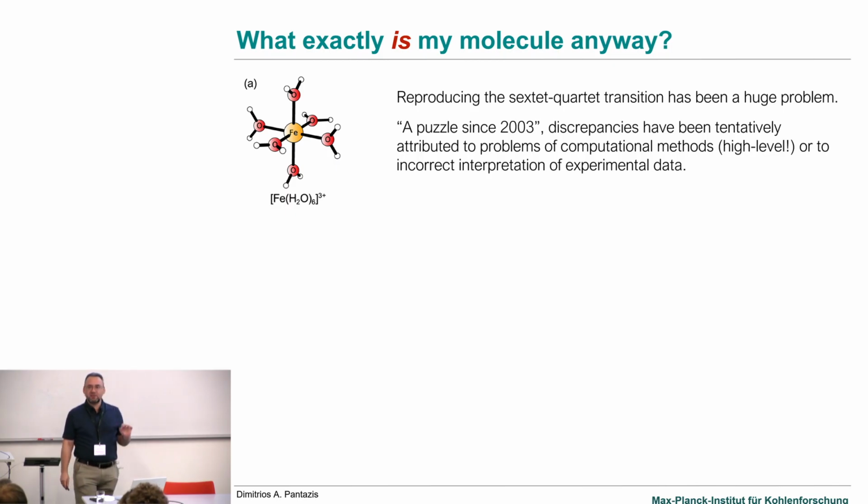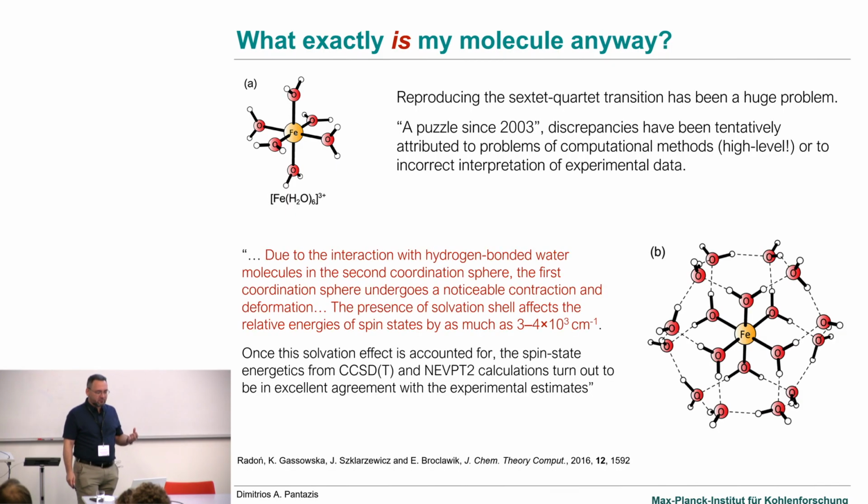There are some very nice examples in the literature where people have studied systems, and the answer to a seemingly puzzling question was simply that it was the solvent, or the environment. So this is an example taken from the literature, from the work of Marius Radon, and it addressed a question about the sextet-quartet transition energy of this hydrated iron.